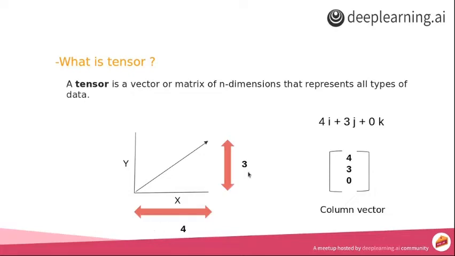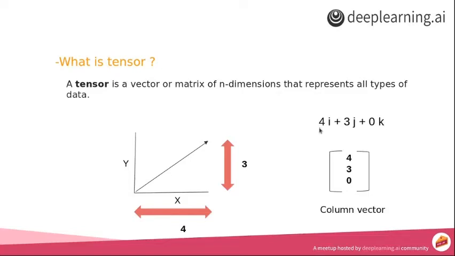Then instead of drawing this arrow to represent this vector, I can represent it like this: 4i cap plus 3j cap plus 0k cap. This is the representation of this vector A. If I stack up the components of this vector, this vector has 3 components, 4, 3 and 0, and all these components are associated with one direction.